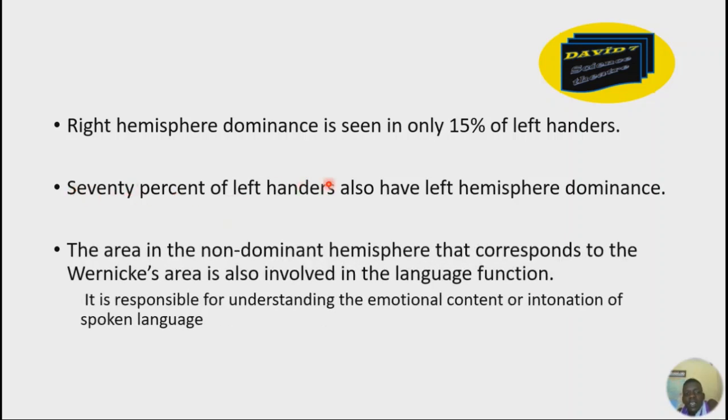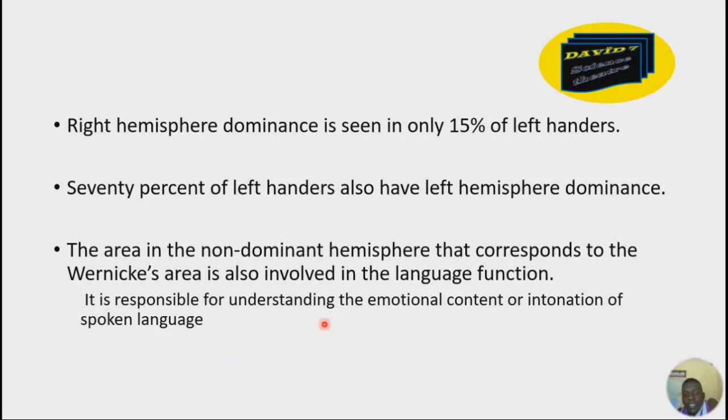So you can see this does not coordinate. For the person using the left hand, you would expect him to have dominance of the right. But in 70%, those left-handed people will have left hemisphere dominance. So the area in the non-dominant hemisphere that corresponds to the Wernicke's area is also involved in language function.